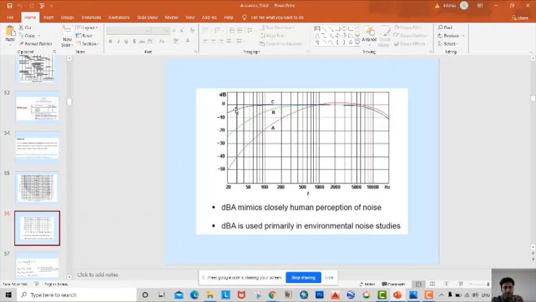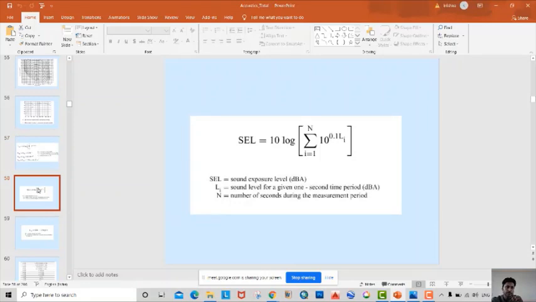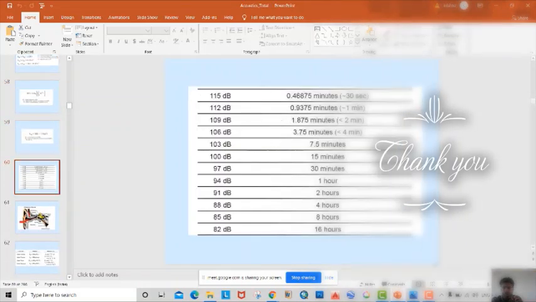While in C weightage we will do only minus 8 or minus 9 in dB. So that will be the dBC scale. Anyway, we are concerned with dBA. Now we have one more term, SEL, sound exposure level. We will not discuss it in detail, but I thought this table will be very useful for you.